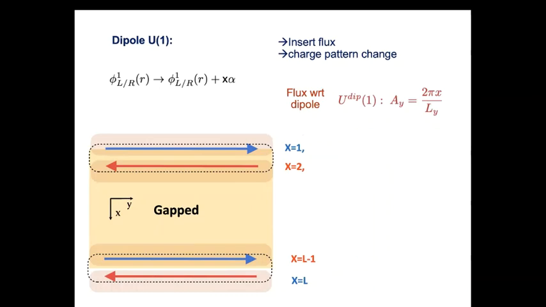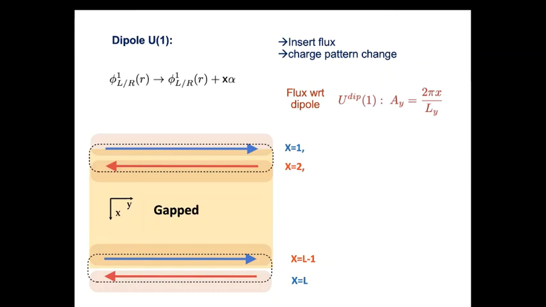However, remember the system I'm talking about has both charge conservation and dipole moment conservation. The dipole moment oriented in the x direction is also conserved. And as Damso mentioned in his previous talk, if we have dipole moment conservation, we have another U1 symmetry where the chiral boson is invariant under a shift, which is not a constant phase shift, but instead a function that grows linearly with the position along the x direction.